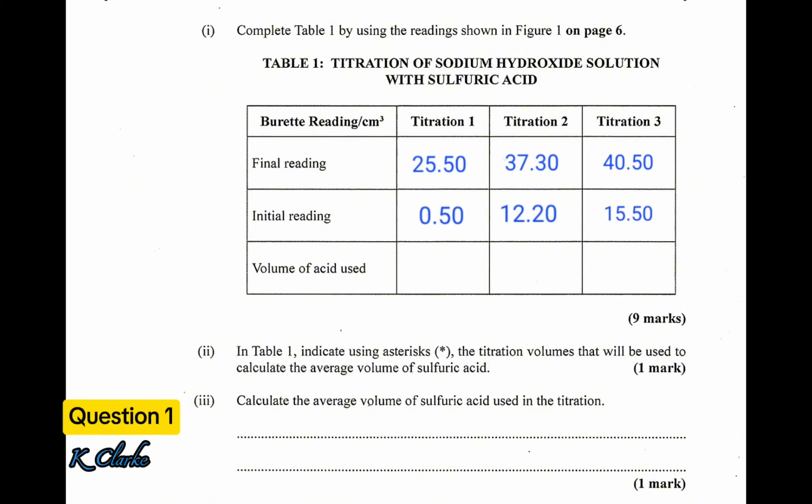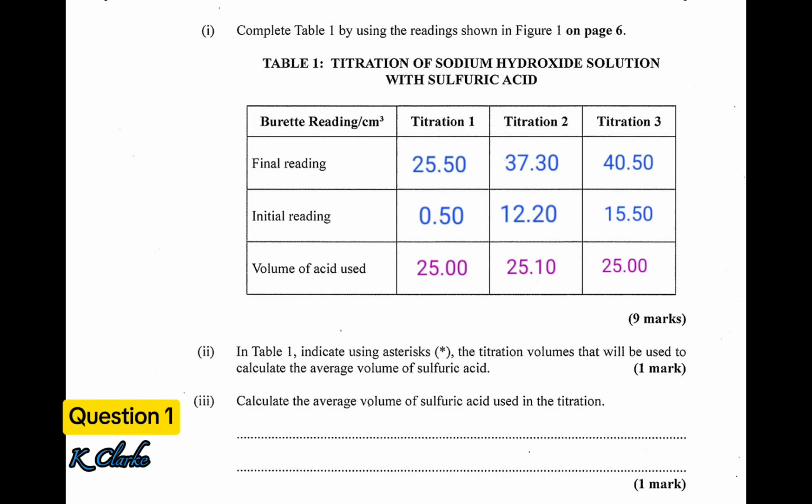Therefore, for titration number 1, the volume of acid used will be 25.50 cm cube minus 0.50 cm cube, and this equals 25.00 cm cube. Titration number 2, the answer will be 25.10 cm cube, and titration 3 will be 25.00 cm cube.